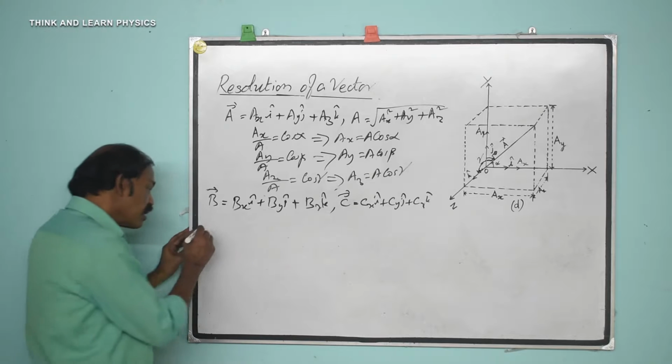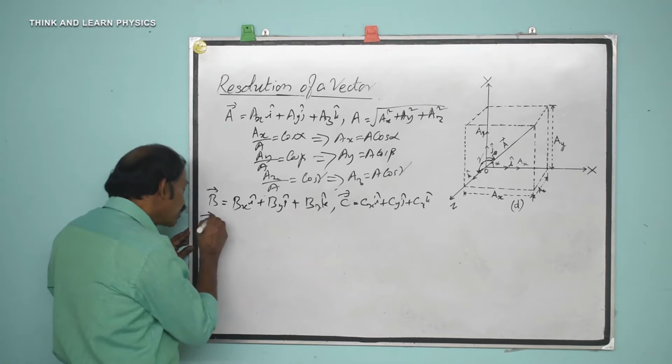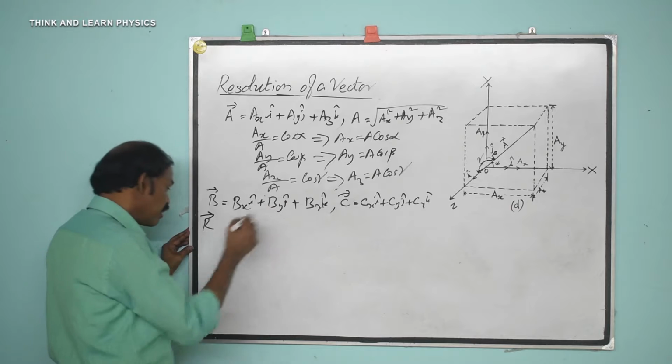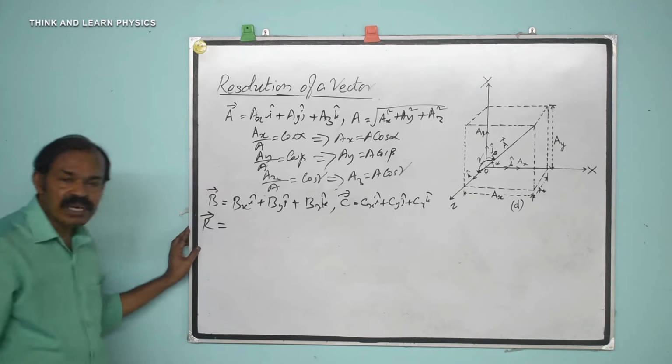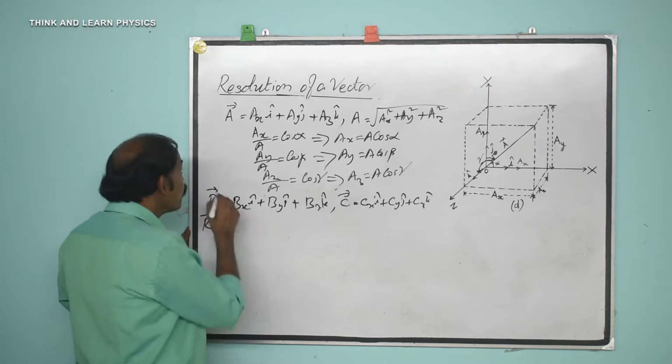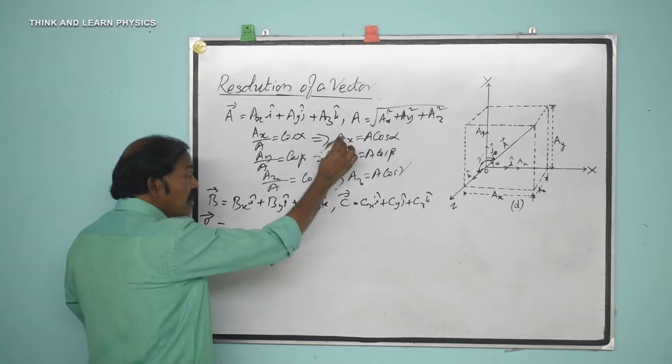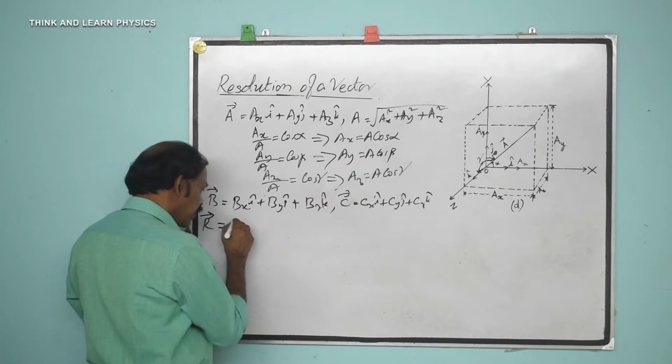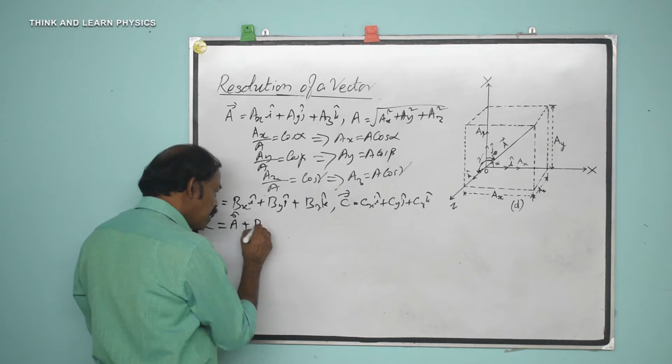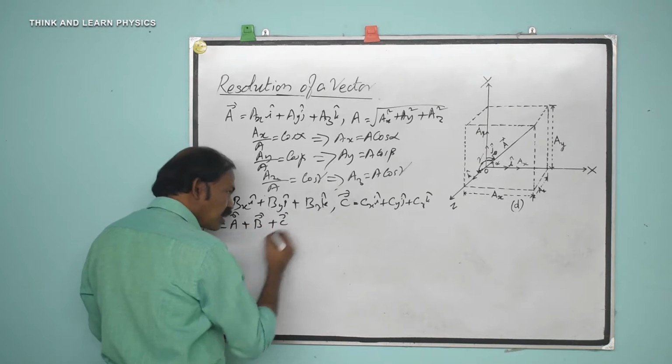Now let us find the resultant of all the three vectors, A vector, B vector and C vector. Then it is given by R vector equals A vector plus B vector plus C vector.